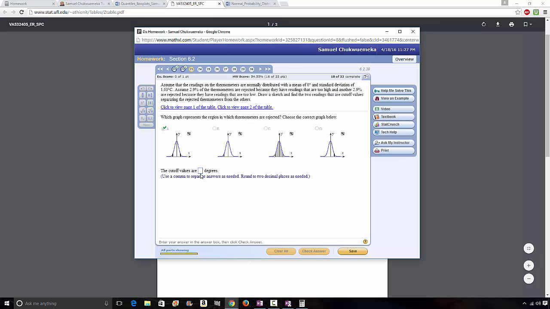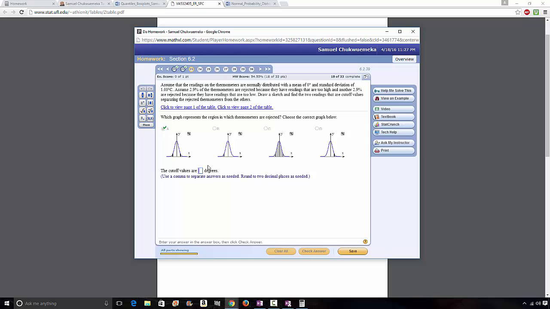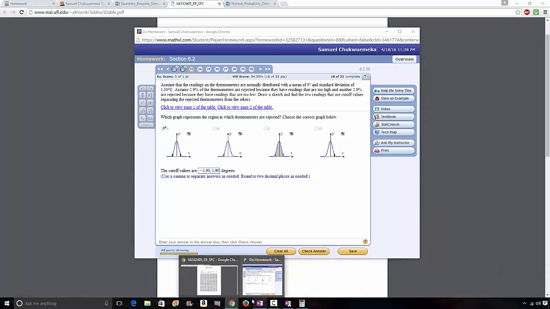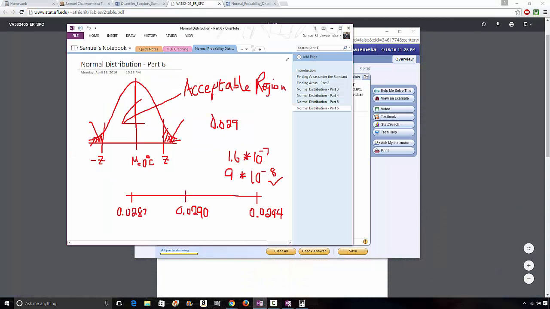Negative 1.90. They want us to use two decimal places, with a comma to separate answers as needed, and then 1.90, because the first one is going to be the negative.